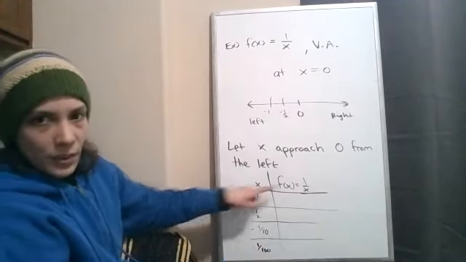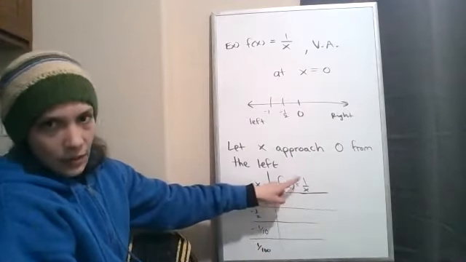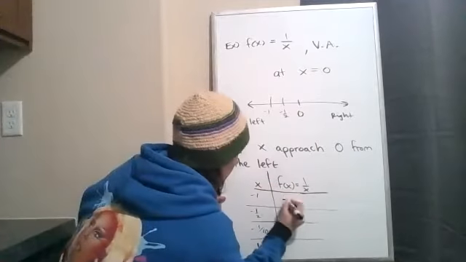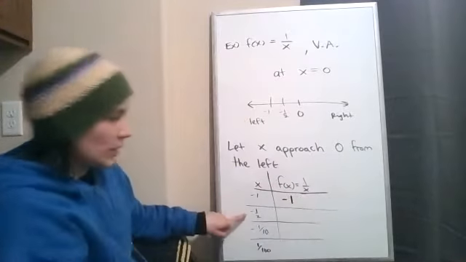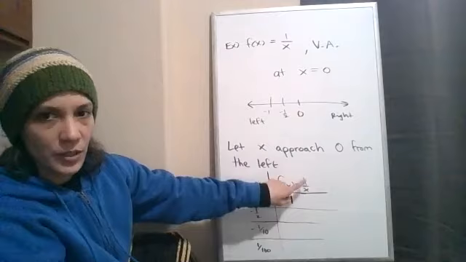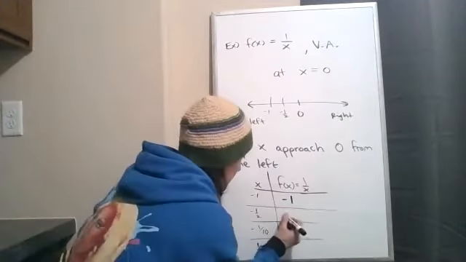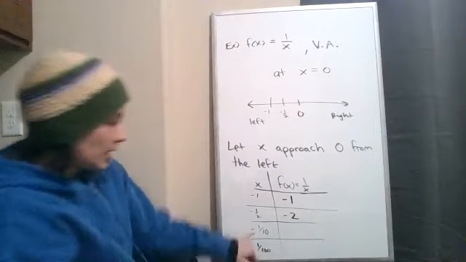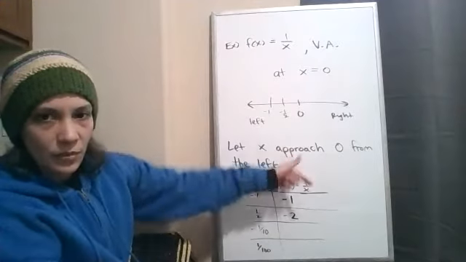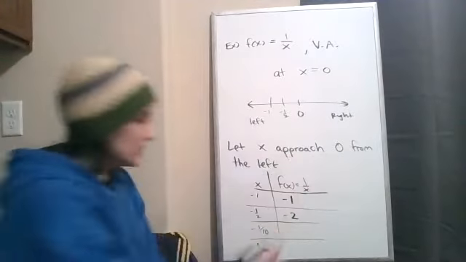So you put -1 in the denominator and 1 over -1 is -1. Put -1/2 in the denominator, you take the reciprocal and have -2. Same with -1 over 10, we'll flip over and have -10.